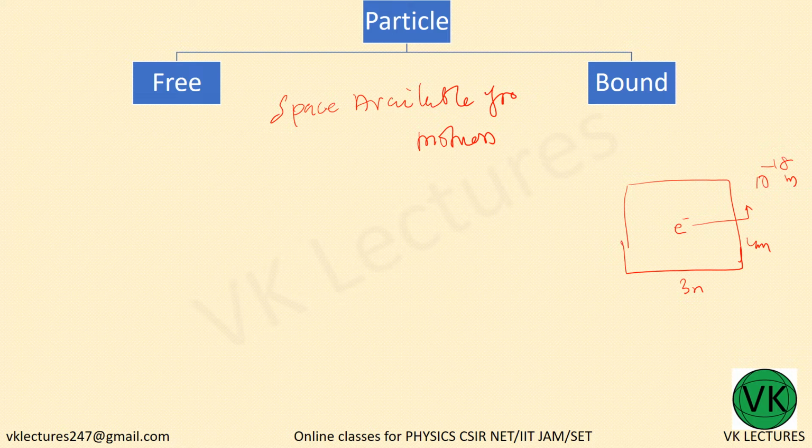The dimension of the room, 3 meter by 4 meter, is never comparable with the size of the electron. So in this case, even though there is gravity and external forces, this is considered a free particle.